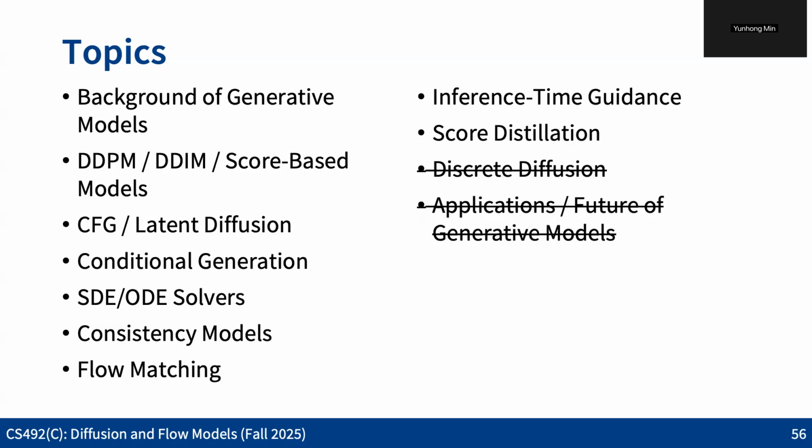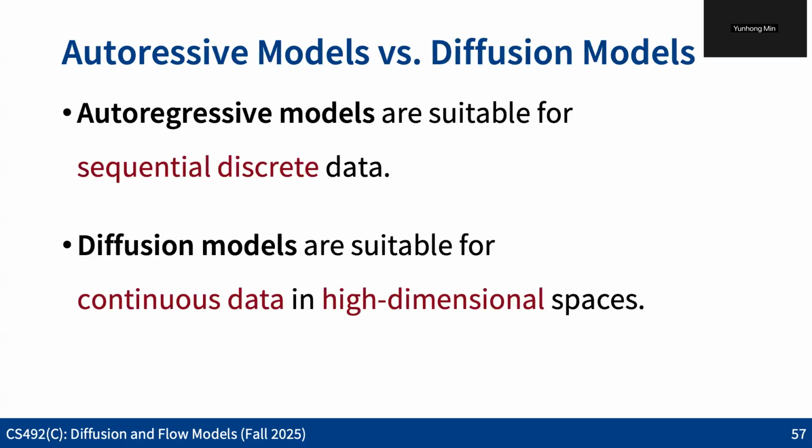And before we wrap up the course, the question might be this. At the very beginning of this class, I said there are basically two big types of generative models that we are using in foundation models these days. For text generation, in many cases we are still using autoregressive models.